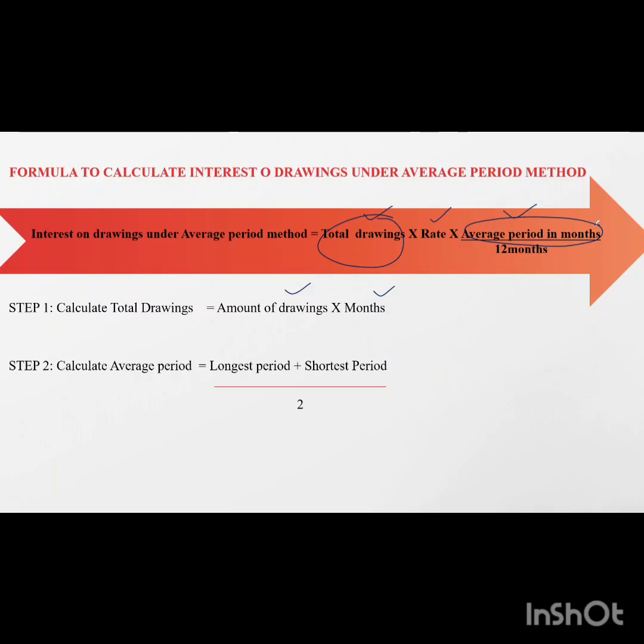The third step is the actual calculation of interest on drawings using the given formula. Apply the amounts calculated in step 1 and step 2 and calculate the interest on drawings under the average period. Now we are going to work out one sum under the average period method.